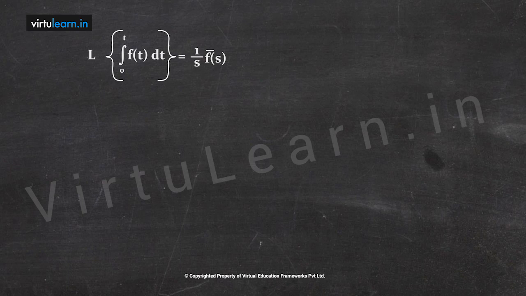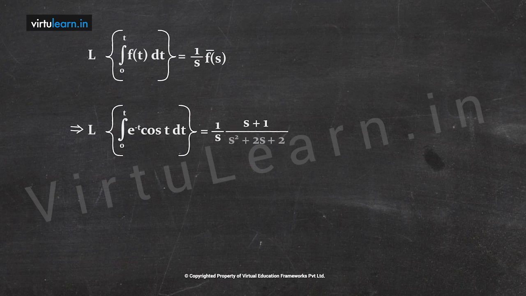So the Laplace transform of the integral from 0 to t of e power minus t cos t dt equals 1 by s into s plus 1 by s square plus 2s plus 2. On simplification, s plus 1 by s into s square plus 2s plus 2. This is the answer. It's like this we can apply the Laplace transform of integrals.